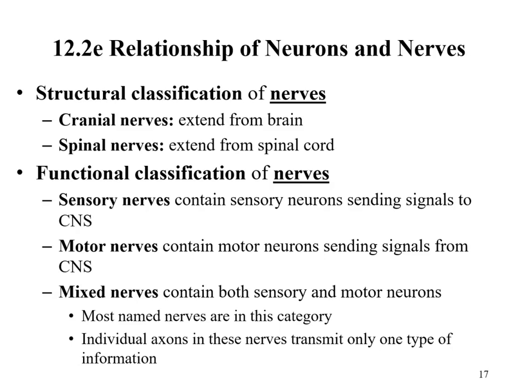You can have motor nerves, which contain motor neurons, sending signals away from the central nervous system. Or you can have mixed nerves, which contain both sensory and motor neurons. Most named nerves are going to be mixed nerves. Individual axons in those nerves are only going to transmit one type of information.